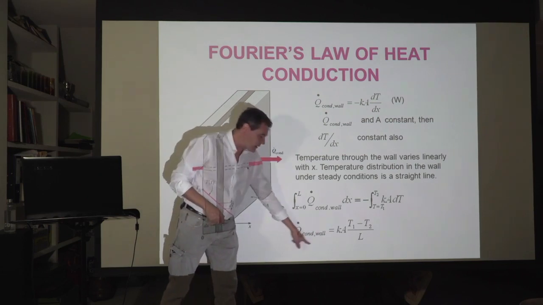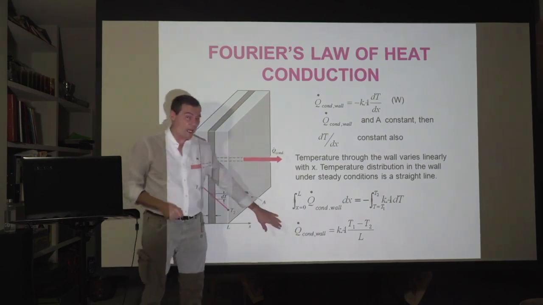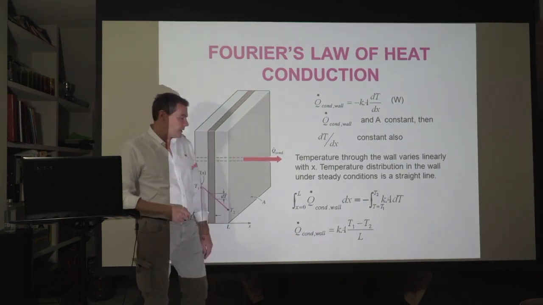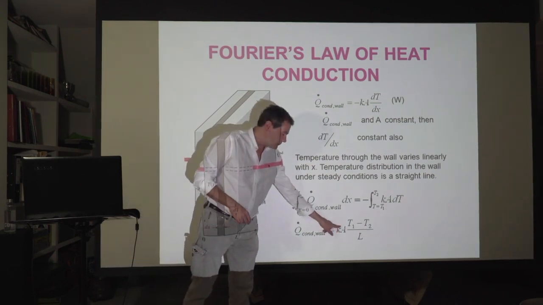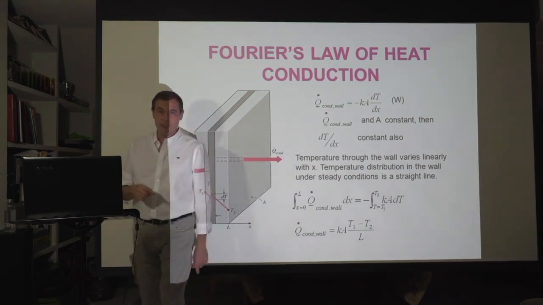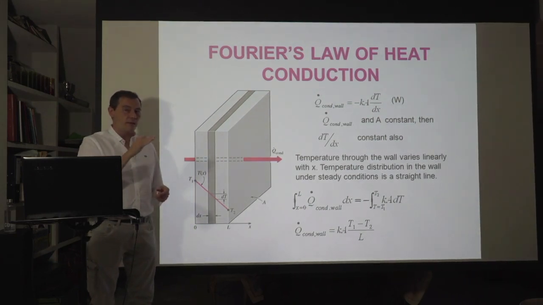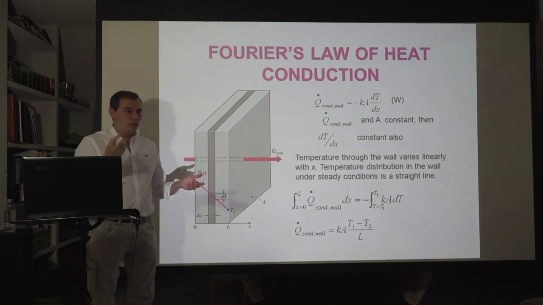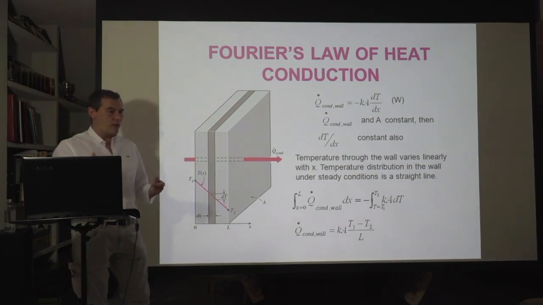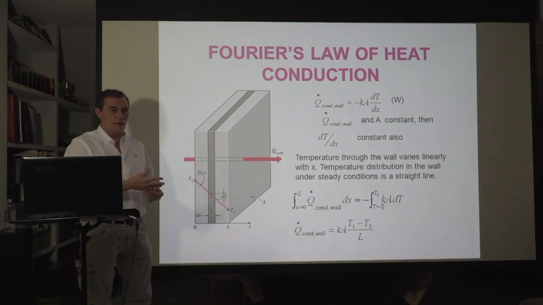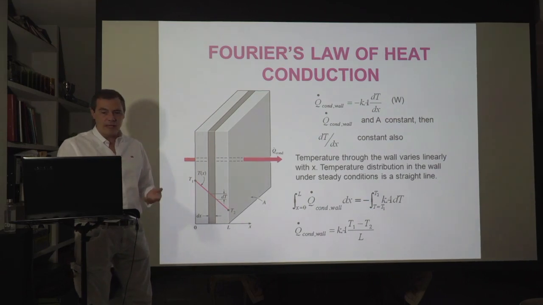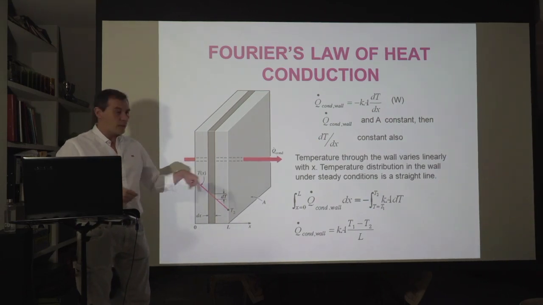So here, this is the heat flow. This is what we have to calculate, the heat flow. And it depends on this K, the thermal conductivity. As I told you before, each material has a different thermal conductivity. We don't have to memorize 1,000 materials because we have internet now and we can access the thermal conductivity of every material in the world.